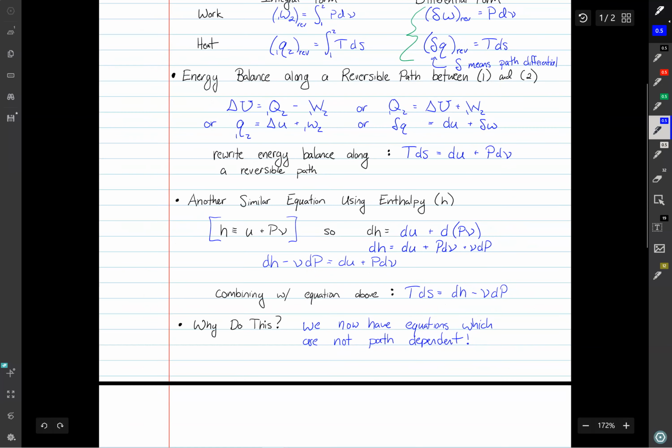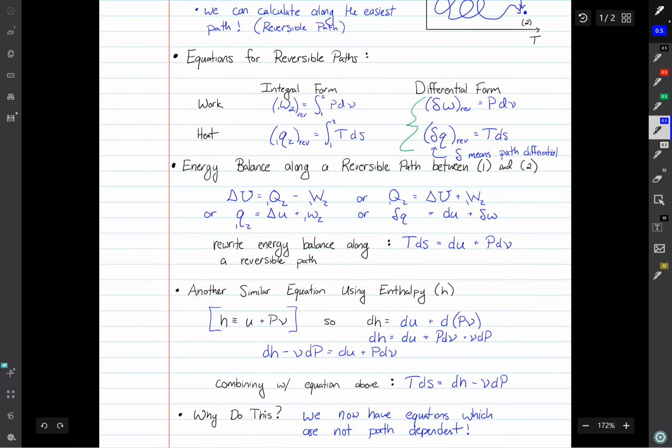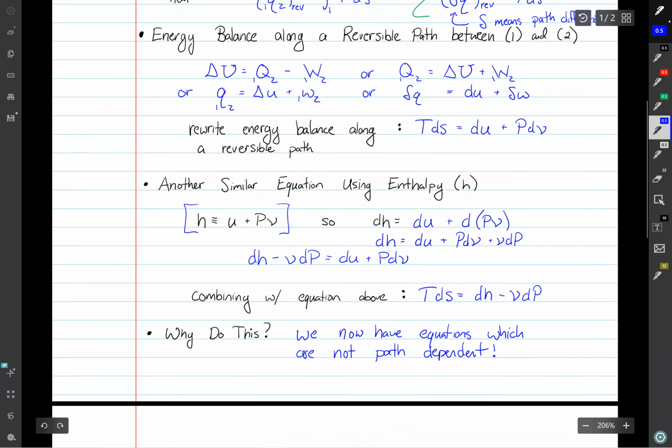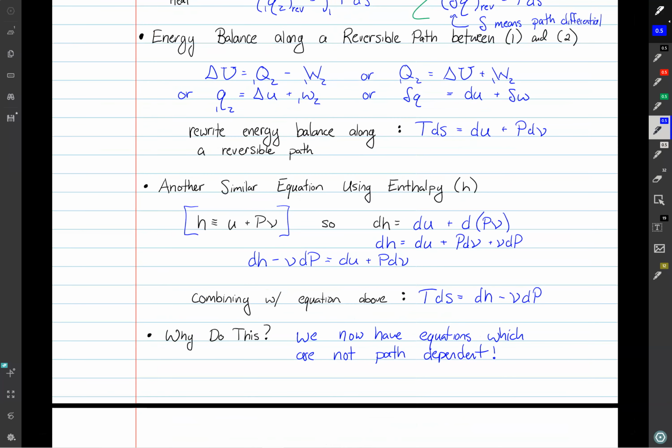We take this energy balance where both heat and work are path dependent, smush it together, and now we have equations with entropy, which is a state function, internal energy, state function, pressure, state function, temperature, state function, volume, state function. Everything's a state function, or a point function. Nothing depends on path anymore.